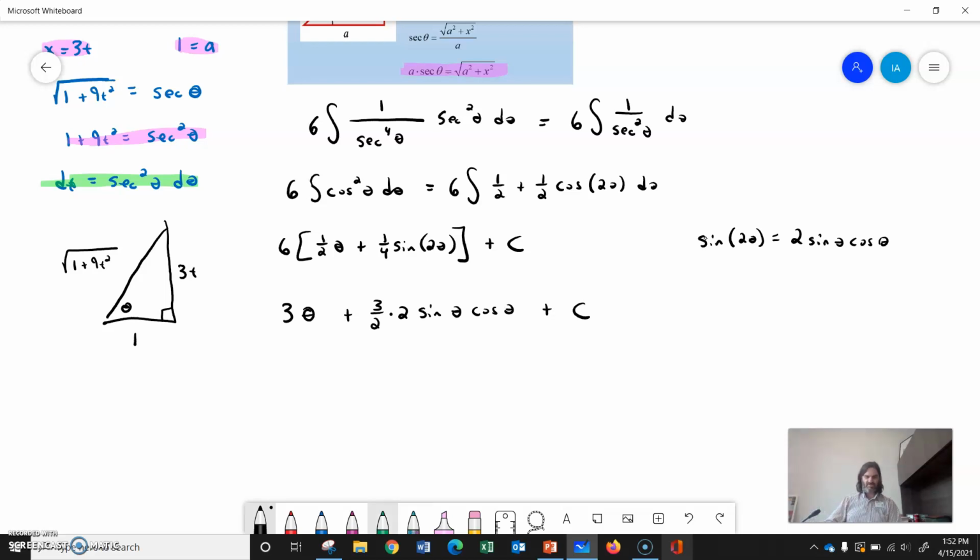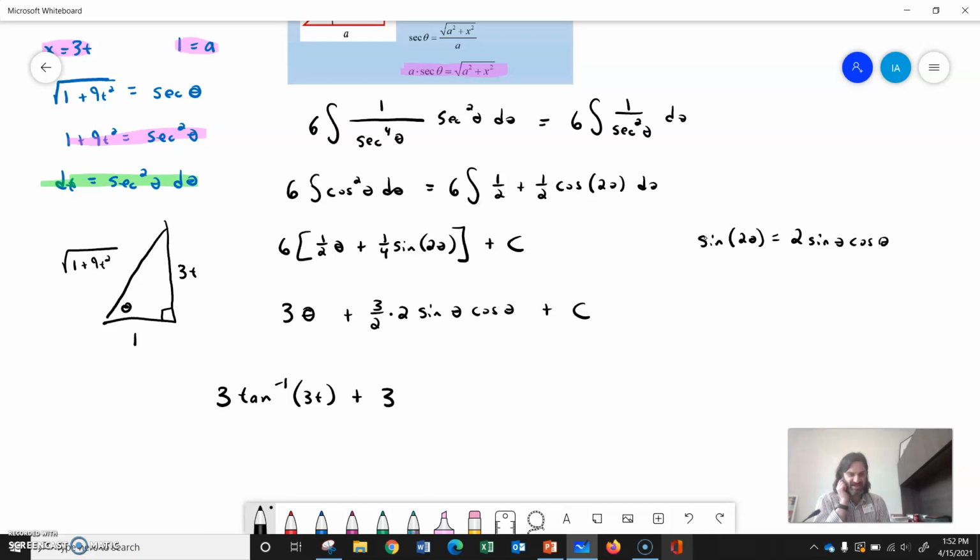Now we can go back to t. For 3 theta, looking at our triangle, we could use the inverse tangent because that would be opposite over adjacent, so it would be 3 times the inverse tangent of 3t. And then plus, we got 3/2 times 2, which will just be 3.